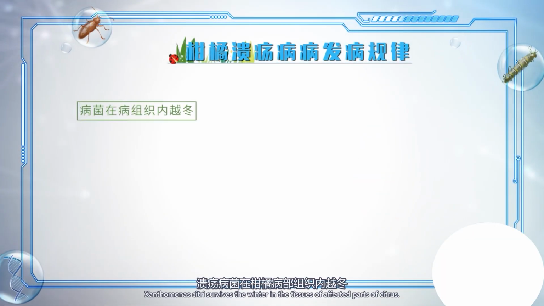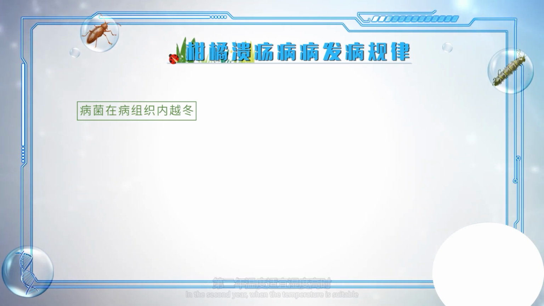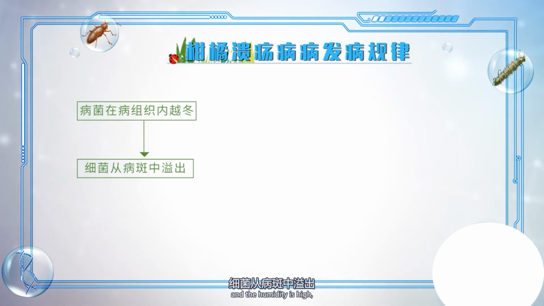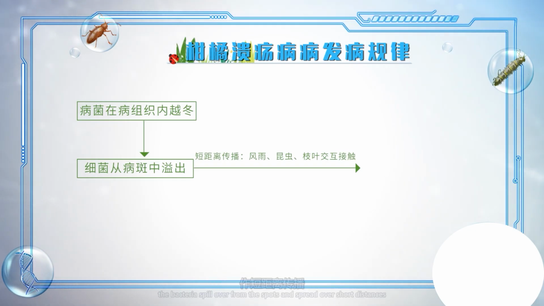Xanthomonas citri survives the winter in the tissues of affected parts of citrus. In the second year, when the temperature is suitable and the humidity is high, by means of wind, rain, insects, and mutual contact of branches and leaves, the bacteria spill over from the spots and spread over short distances, and over long distances.